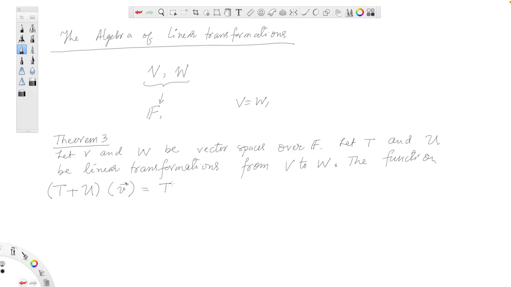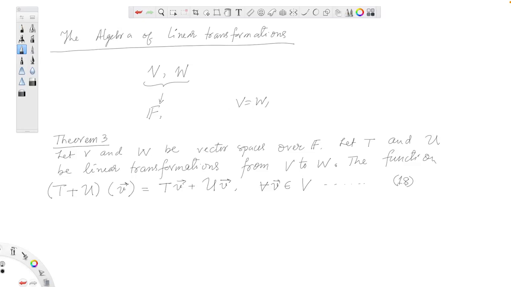This is defined as T of v plus U of v for all v in the vector space V. Okay, we number this by equation number 18. And we need to show that this is a linear transformation.